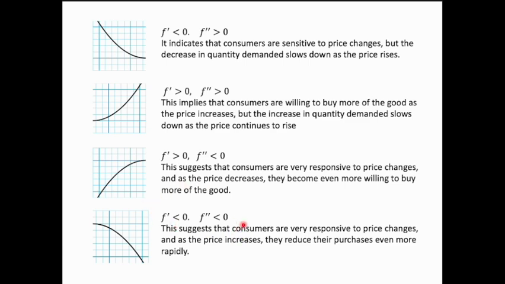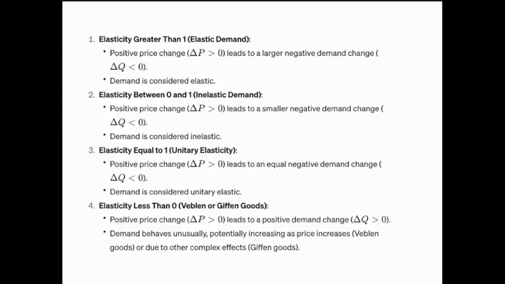The last scenario is where we have the first derivative is negative and the second derivative is negative. So this is basically suggesting that consumers are very responsive to price changes, and so they reduce their spending when they see a price increase.